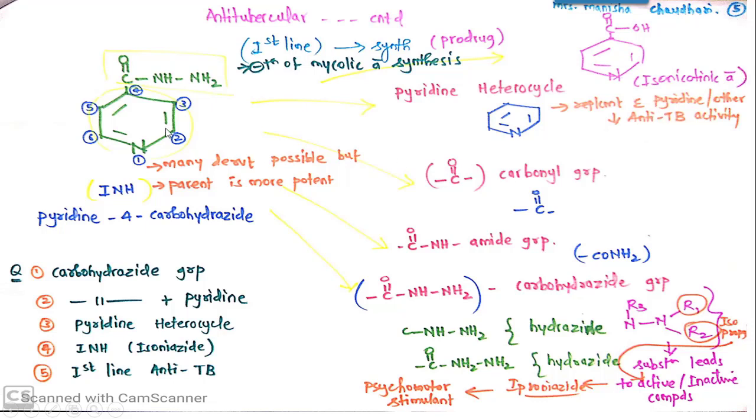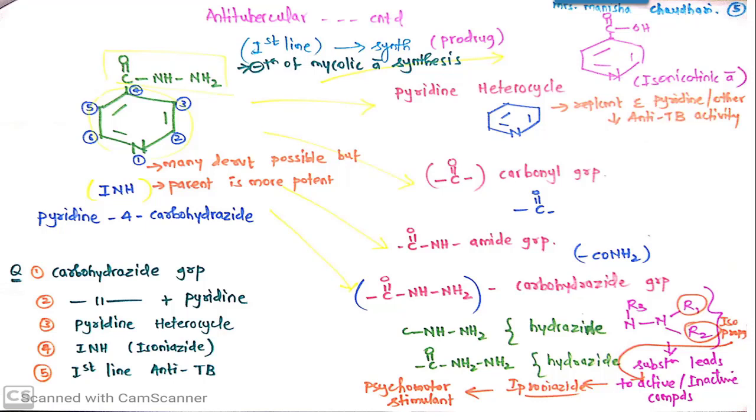Now we will discuss the structural features of INH. As you can see in the structure, first this is the heterocyclic ring which is the pyridine ring. For these heterocyclic rings you can go through our previous video lectures on the IUPAC nomenclature as well as numbering rules for the heterocyclic systems.